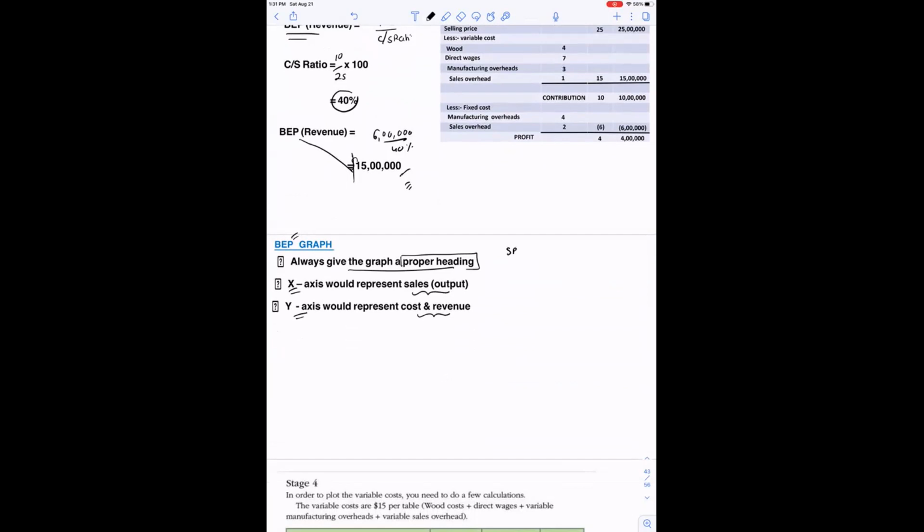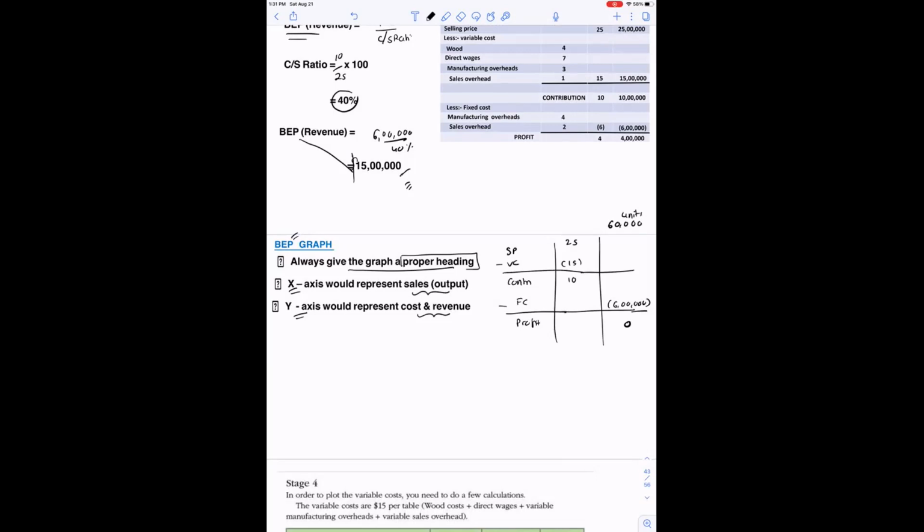Selling price minus variable cost will give me contribution, minus fixed cost will give me profit, and at the break-even point I have no profit, no loss. Selling price 25, variable cost 15, contribution 10, fixed cost will take total. No profit, no loss, you should have 0, and your break-even point in units is 60,000 units.